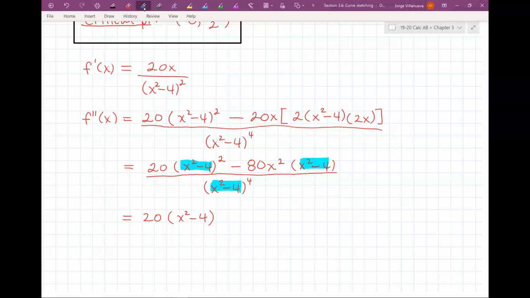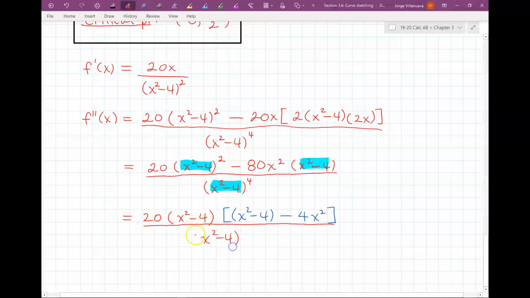So the result of what's left over on top is going to be x squared minus 4 for the first term, because the 20 and one of the x squared minus 4 is gone, minus 4x squared, okay, and then divided by (x squared minus 4) to the fourth.